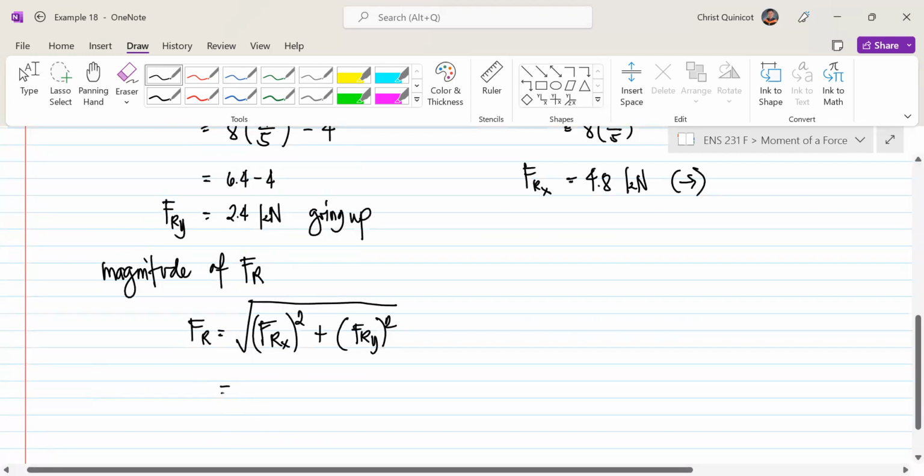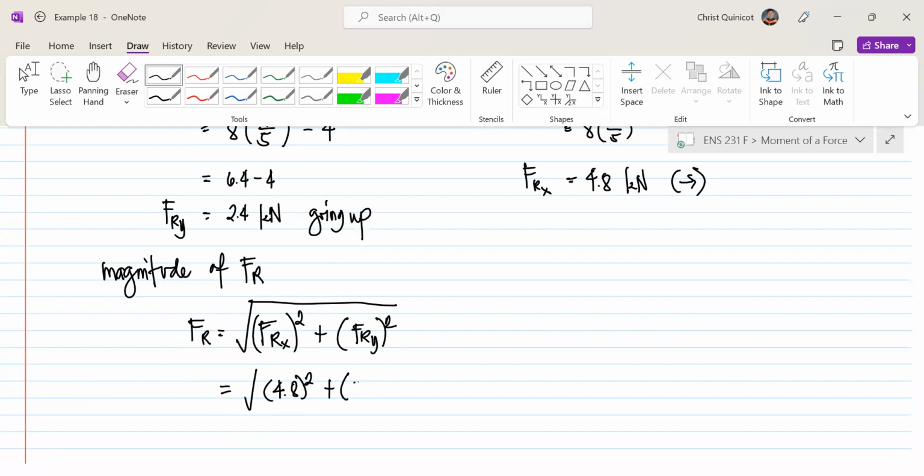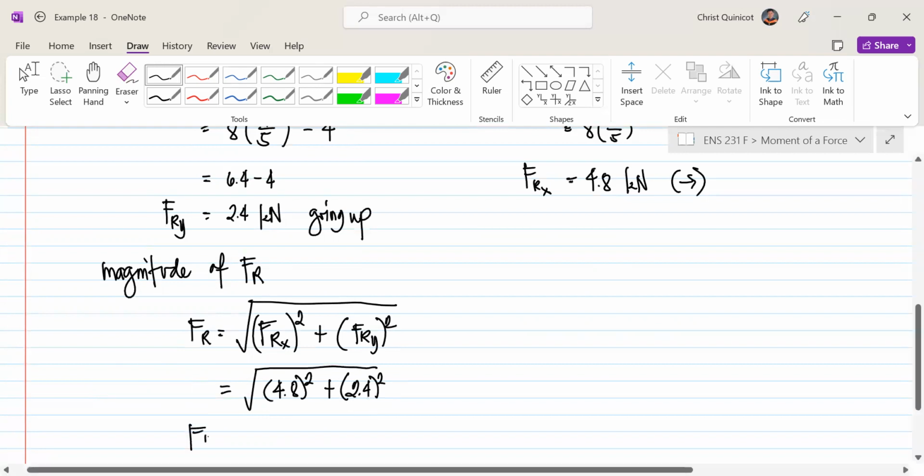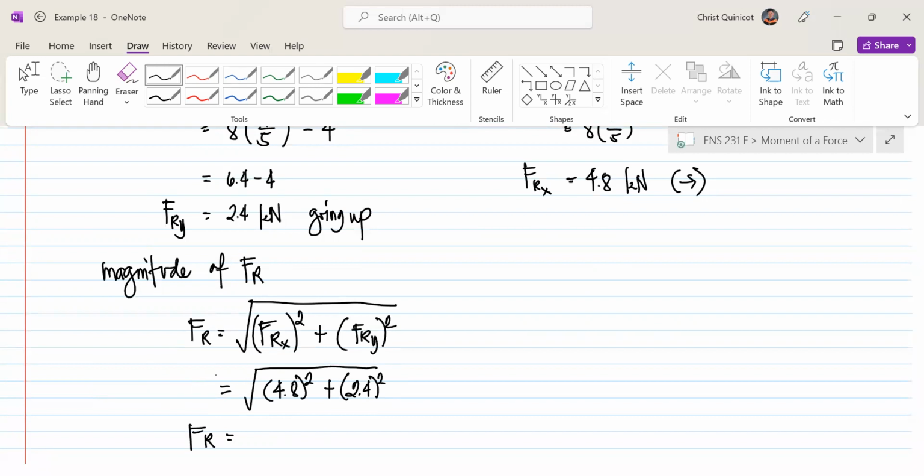We substitute the values: square root of 4.8 squared plus 2.4 squared.